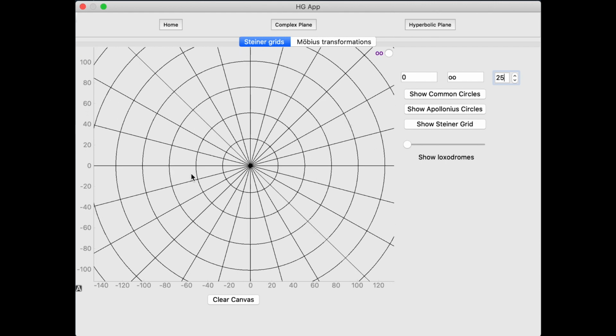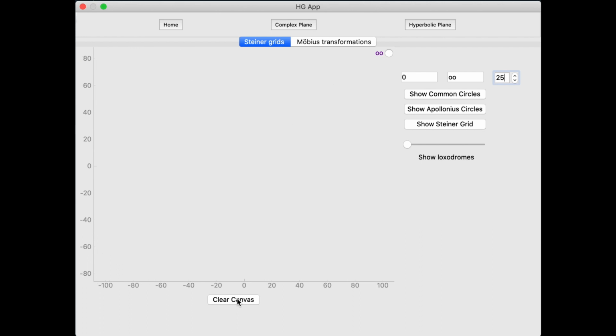The family of common circles and the family of Apollonius circles, which are in this case very simply defined, just the circles centered at 0, which you can think of also as circles centered at infinity, right? As I've said several times. And now let's change and see the other between 0 and 50 plus 40j.